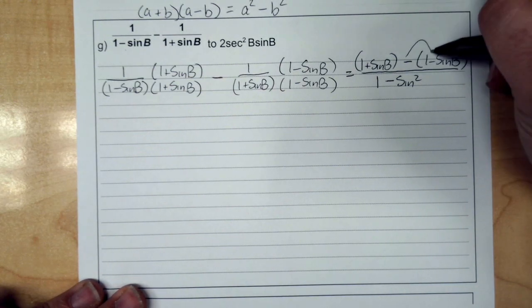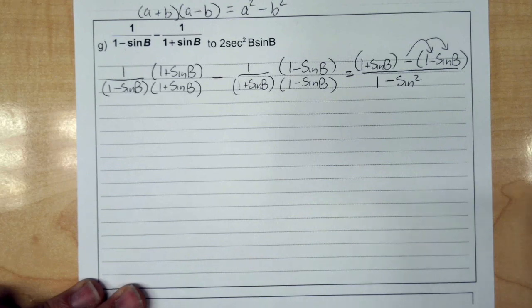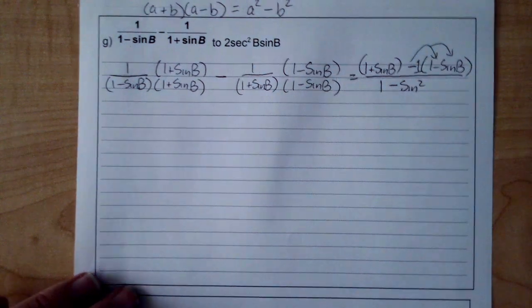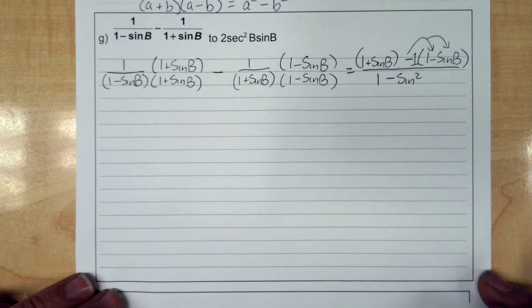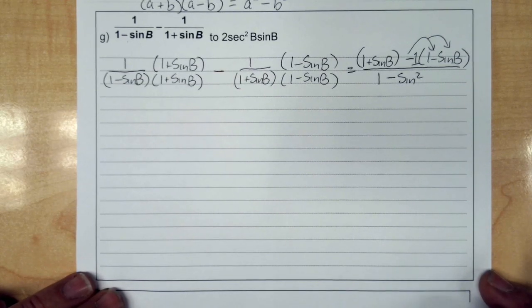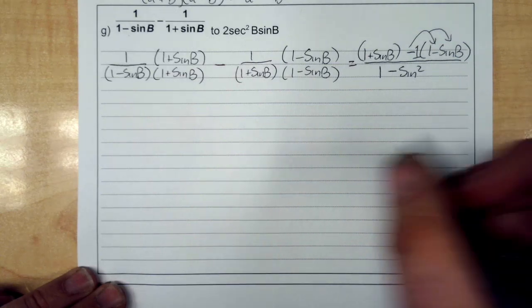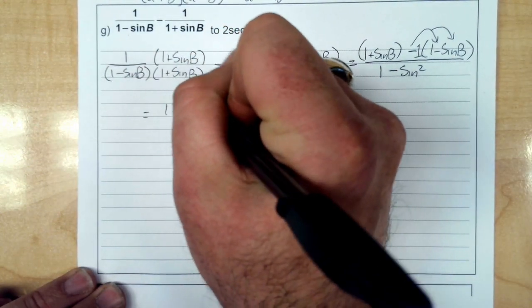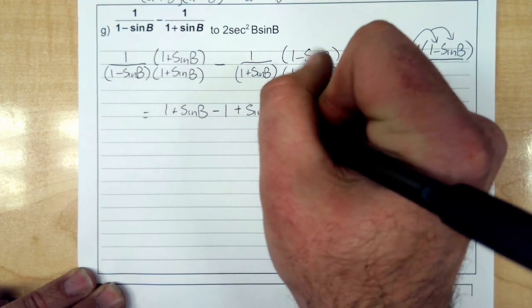Now I can distribute to the 1 and the sine, because technically that minus sign is really a negative 1, and I can distribute that negative 1 so I can get rid of my parentheses here. Oh, sorry about that. My lights went off because I took too long not really moving around. So after I distribute, I'll have 1 plus the sine of b minus 1 plus the sine of b.